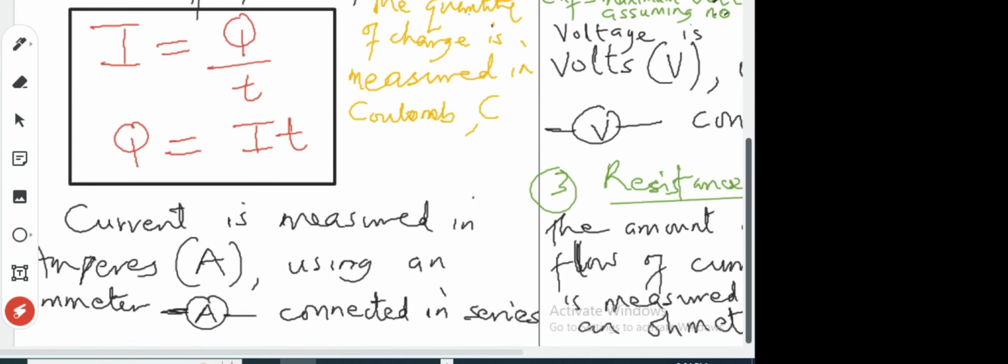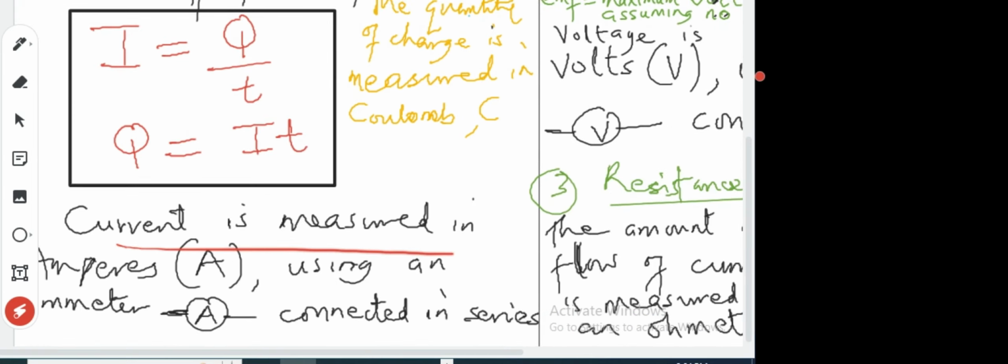Now, current is measured in ampere, or amperes, or amps if you like, using an instrument we call an ammeter. An ammeter is connected in series. We'll talk about all that when we get to circuit connections.